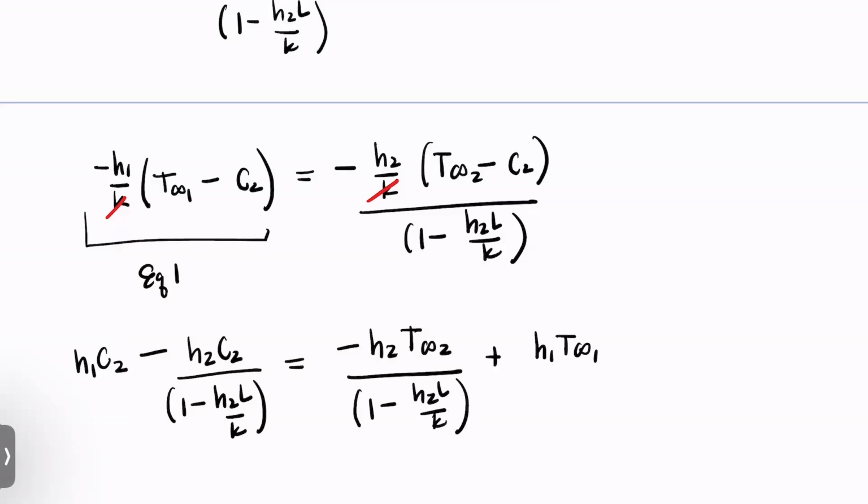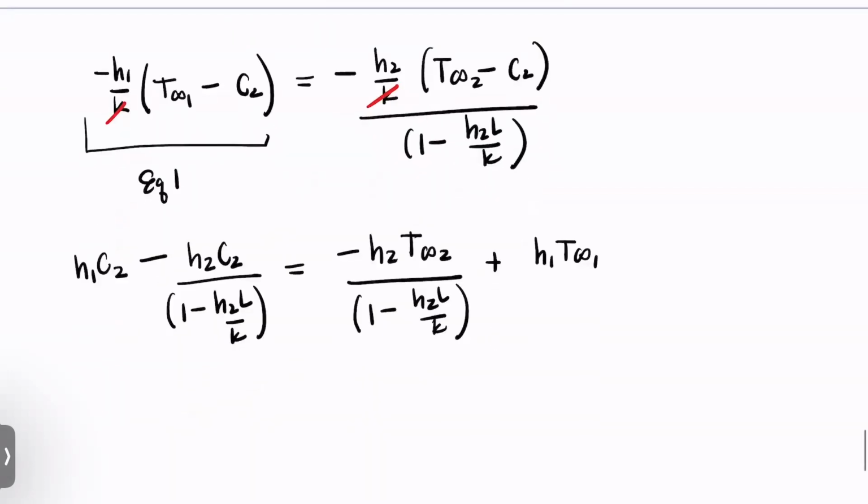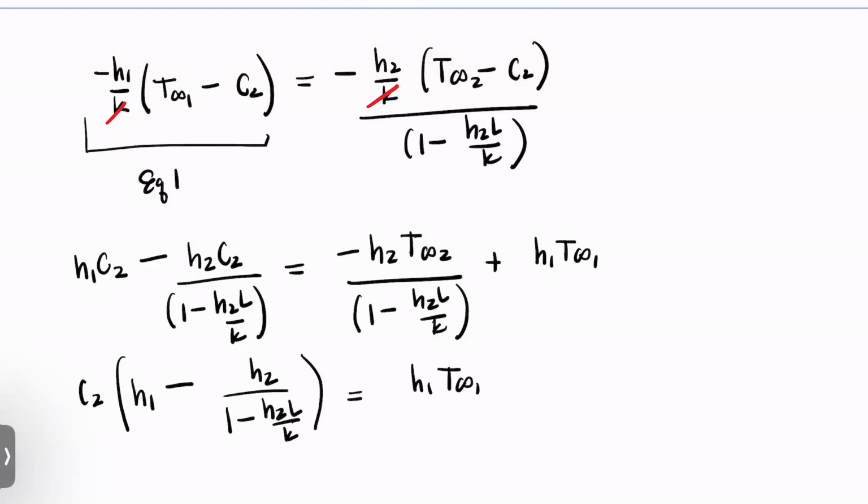All right, I'm going to factor out the C2 here. So I have H1 minus H2 divided by 1 minus H2L over K is equal to H1 T infinity 1 minus H2 T infinity 2 over 1 minus H2L over K.